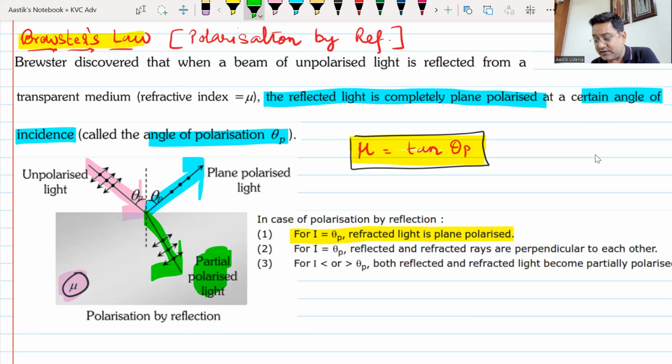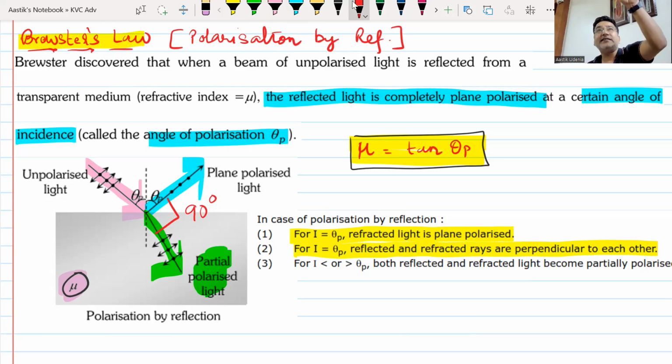Also, one more thing you must understand, that in this case, when the reflected ray is completely polarized, when the angle of incidence is Brewster angle, and it's a very important result, both the reflected and the refracted ray are perpendicular to each other. Do we understand this? Yes. If the angle of incidence is such that the reflected and the refracted light are at 90 degrees, then the reflected light will be perfectly polarized.